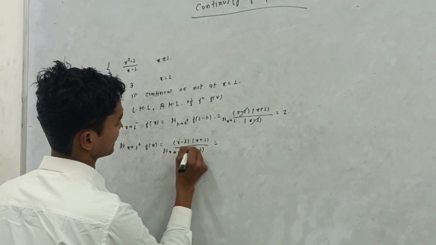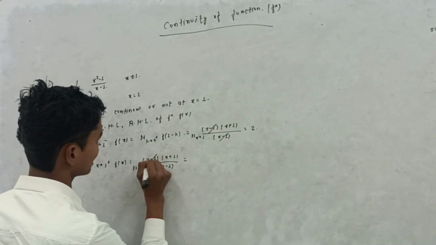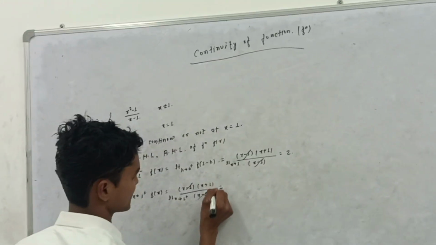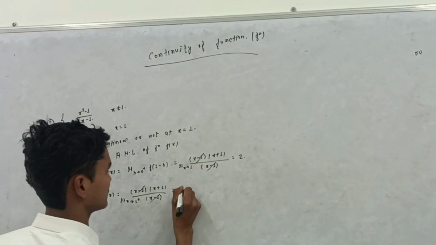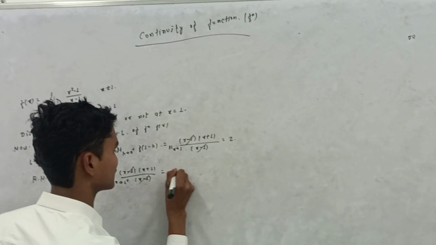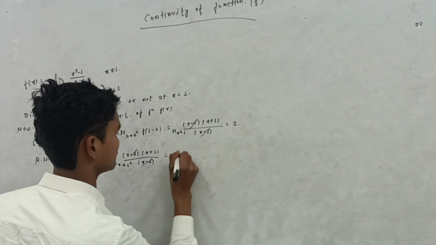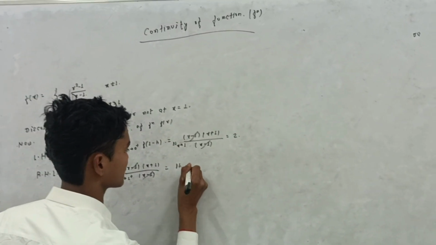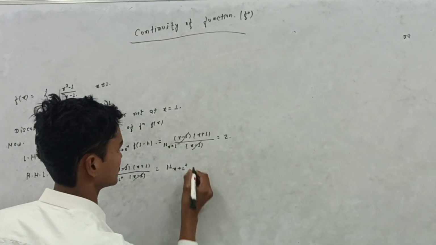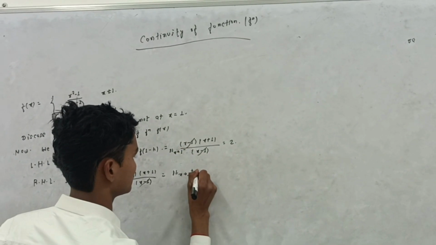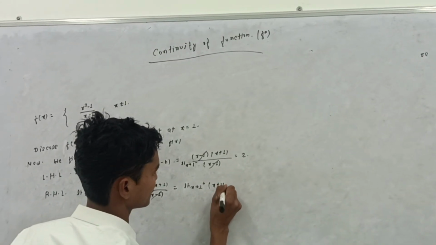This is also an approaching value, hence it also cancels out; a 0 by 0 form is generated. Then x plus 1, and the value is 2.